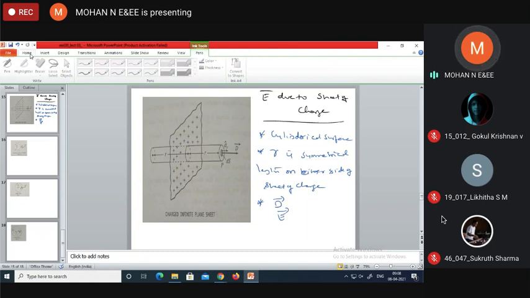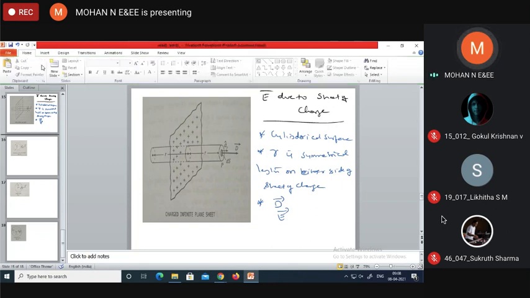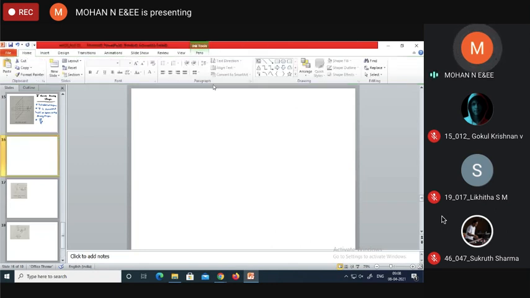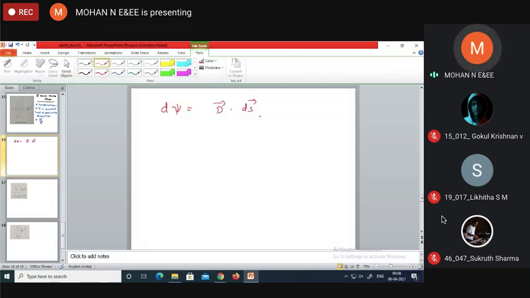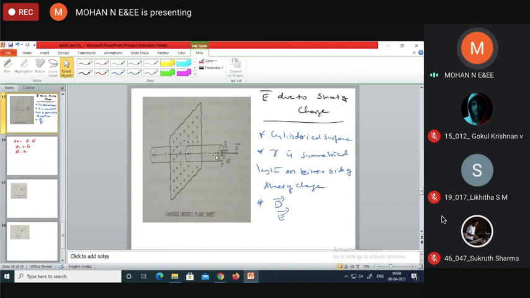So from here we shall do some extension. The flux lines crossing will be equal to what? The dot product of the flux density and the surface vector. The surface vector dS is nothing but dS into the normal vector. This normal vector is again parallel to what?